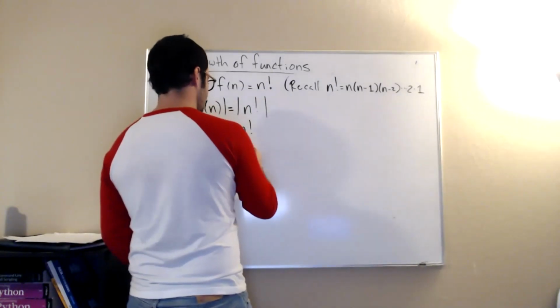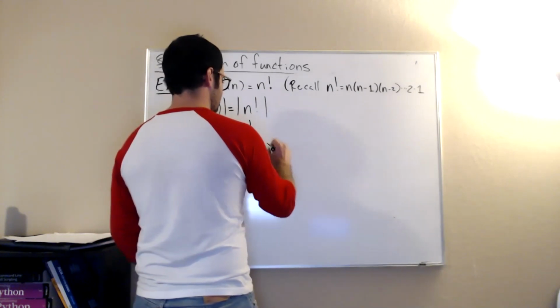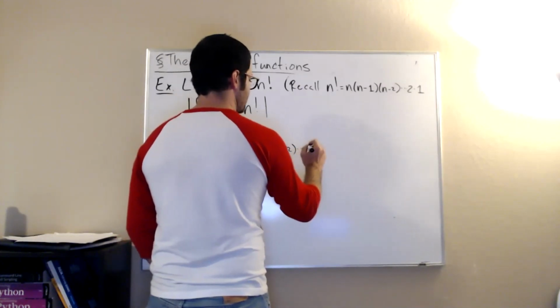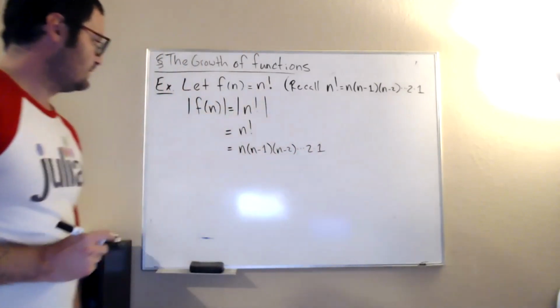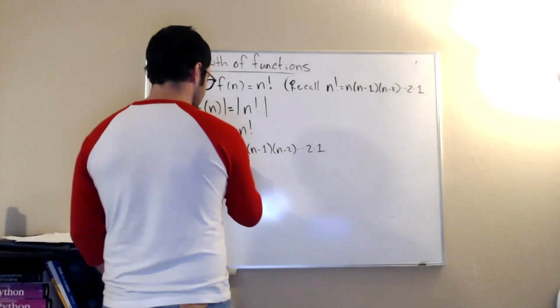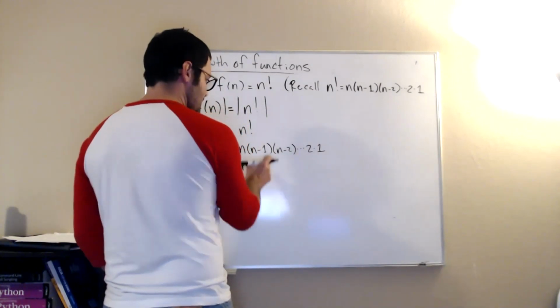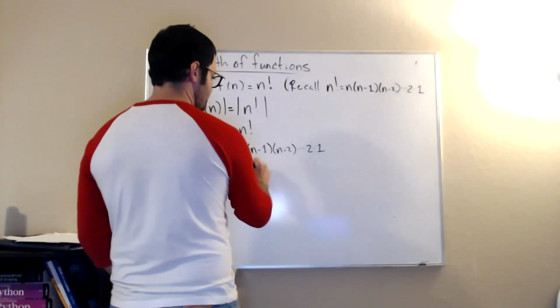So that's equal to n times n minus 1 times n minus 2 times dot dot dot times 2 times 1. But now, this is less than or equal to, so n, they're the same, but n minus 1 is less than or equal to n.